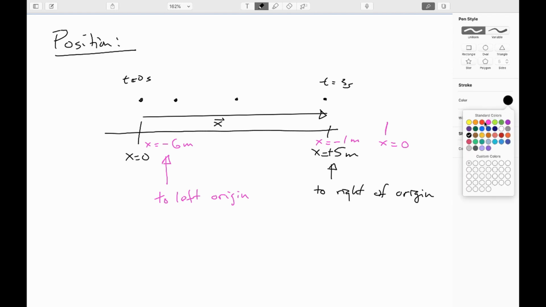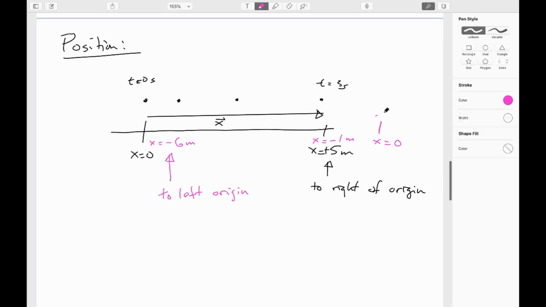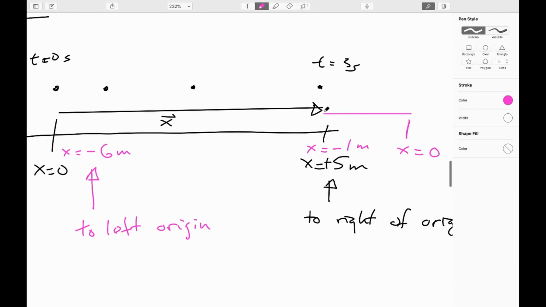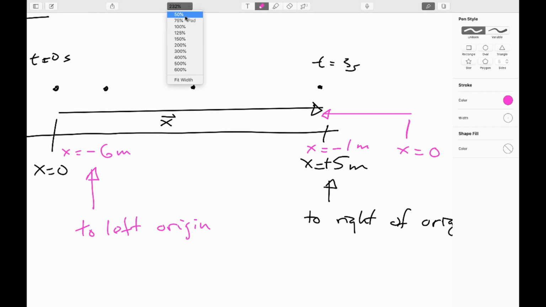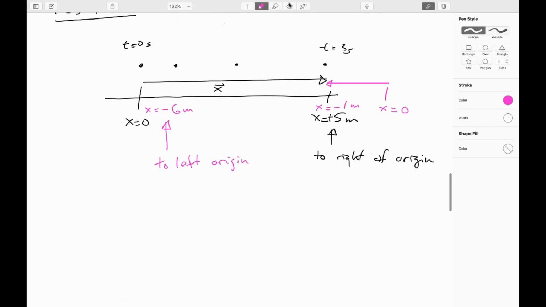And again, just for completeness here, this same position for the pink observer would be done the same kind of way. We'd be drawing an arrow from the pink person's origin to the person's location.